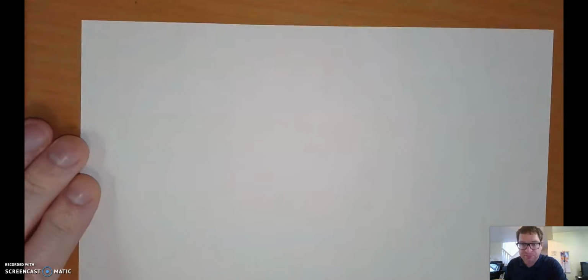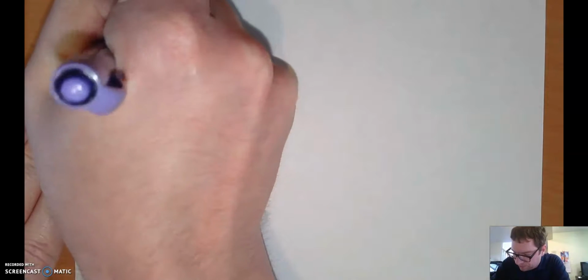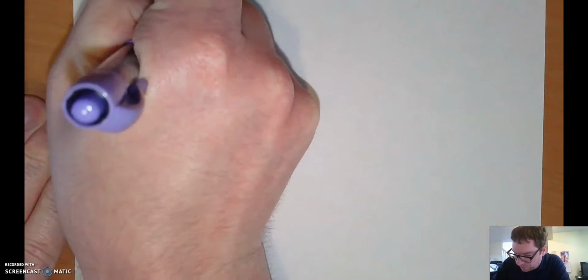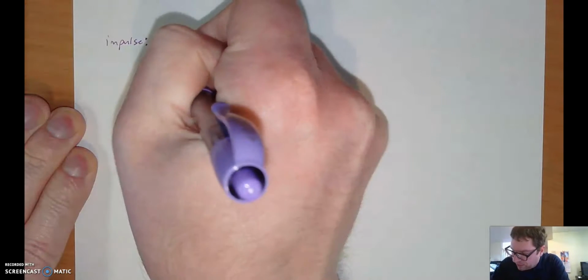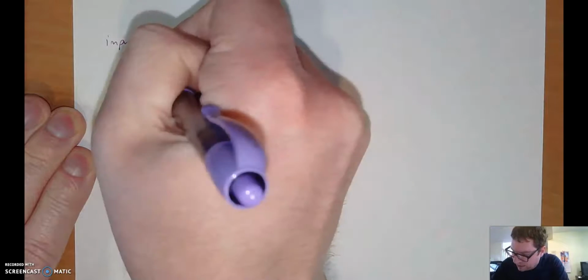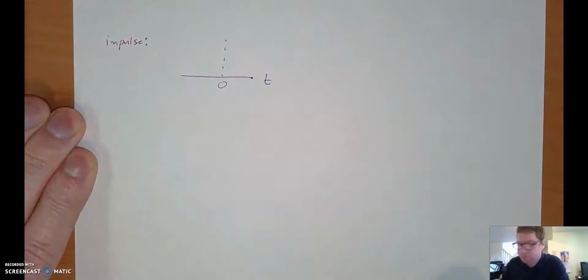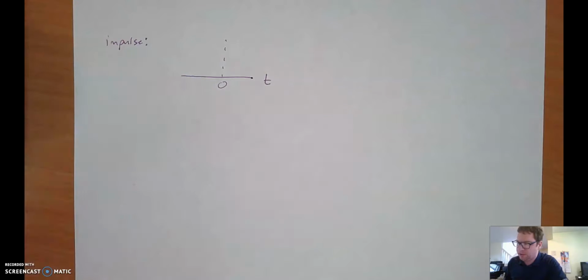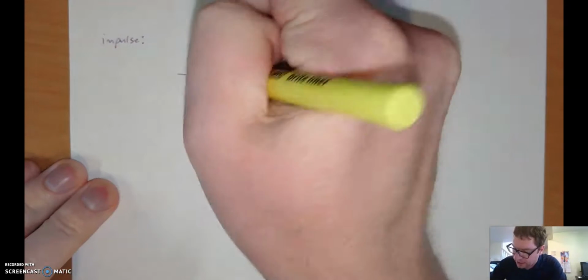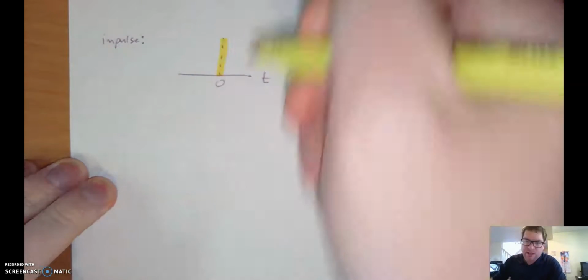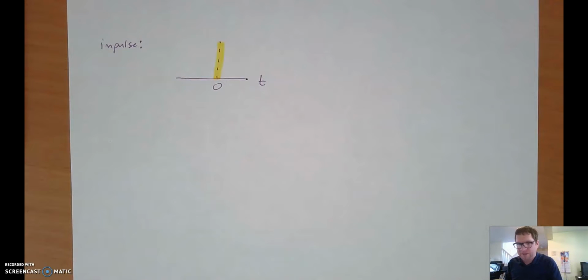All right. So the unit impulse. If we have t, and say this is t equals 0, then our impulse function will occur at time equals 0, and it'll be as tall as it needs to be, actually infinitely tall.